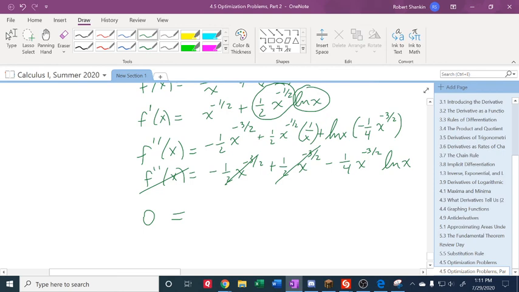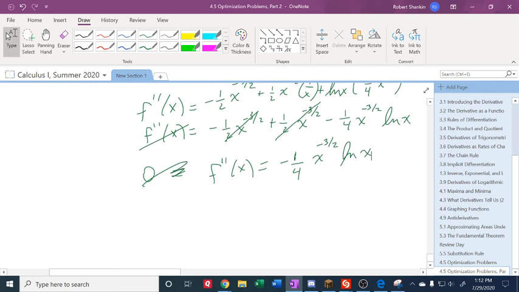That's really nice. Alright, so before I do this, let me just rewrite f prime prime of x. It is this. This is pretty simple. Okay, now we're going to set it to 0.